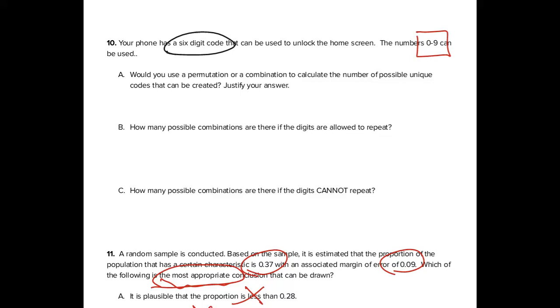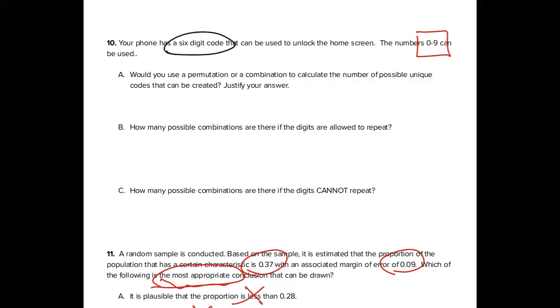Letter A says, would you use a permutation or combination to calculate the number of possible unique codes that can be created? What do you say? Put it in the chat. Permutation, or put P or C.